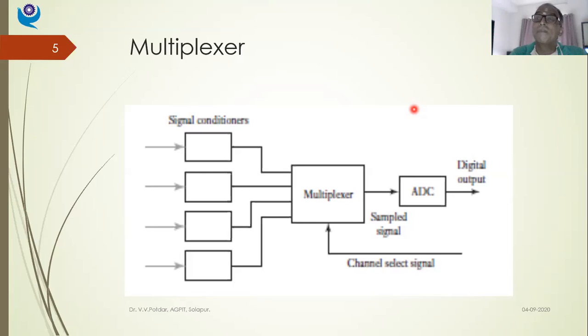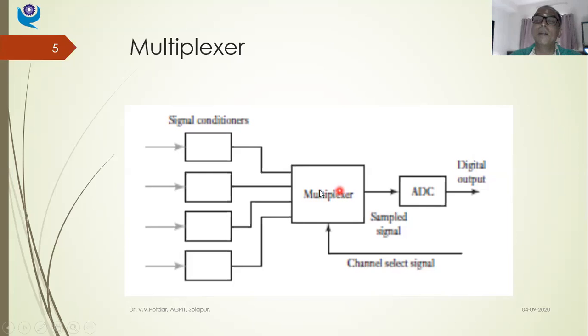it automatically. So it will keep on receiving a number of signals from sensors and transducers. It will receive, and then process and convert them into digital form as per the requirement.